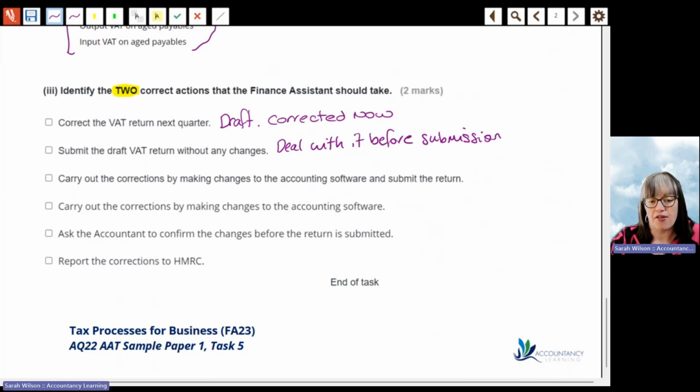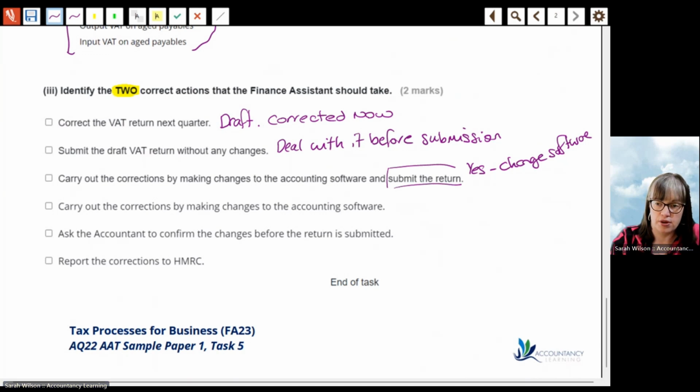Next one, carry out the corrections by making changes to the accounting software and submit the return. That sounds reasonable. So yes, you should make the changes to the software. But before we submit the return, we should check it first.